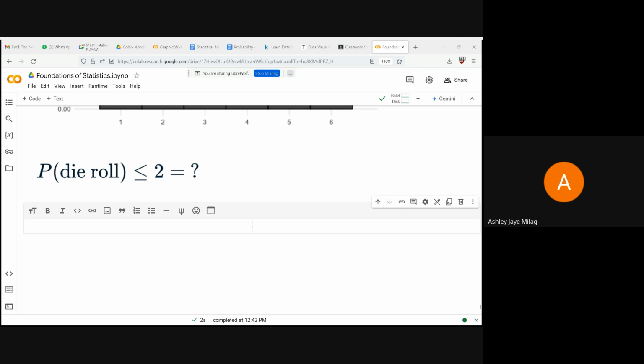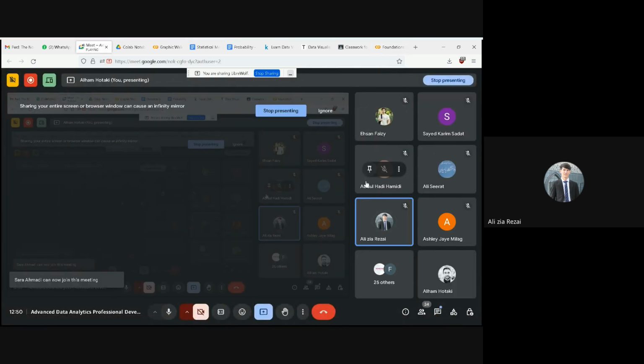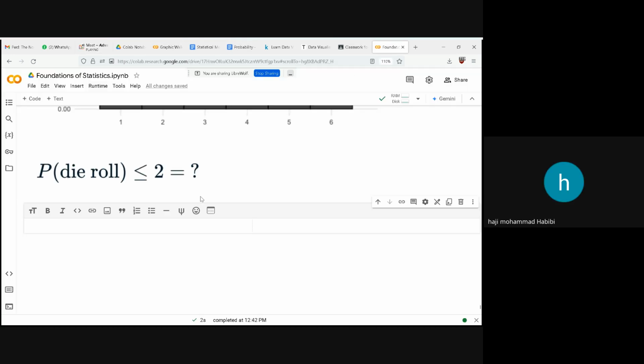Or are we going after the expected value of a fair die roll? Anyone? Maybe 1 plus 1 by 6. It could be 1 upon 6 and 2 upon 6 plus.